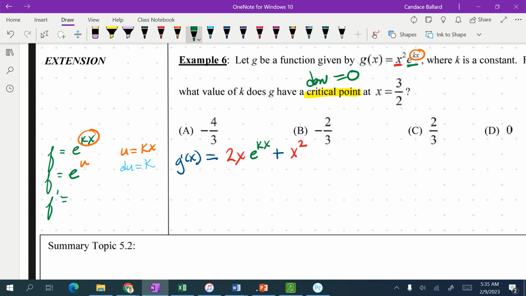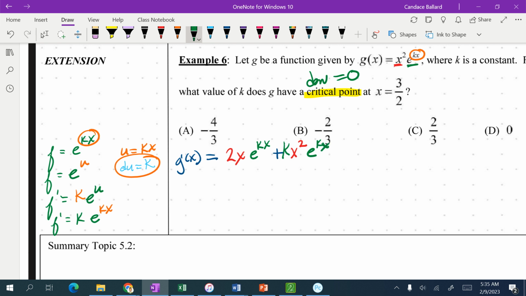Derivative of our outer function e to the u is e to the u. And then multiply that by the derivative of the inside that we got, which was just k. And then I'm going to plop my u back into this. So k e to the kx. So that's going in as my derivative of the green. So k, which I'm going to throw out in front here, e to the kx.